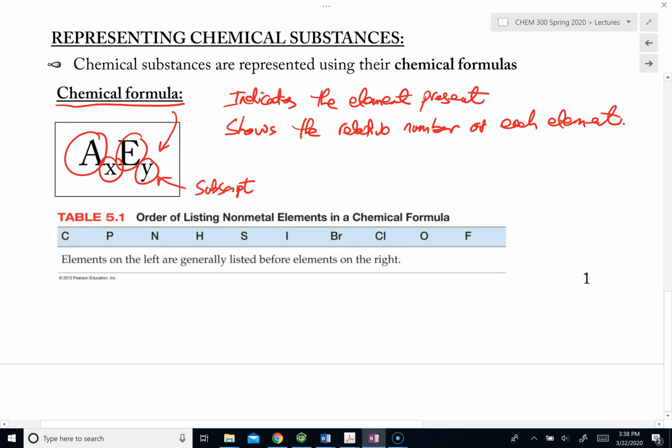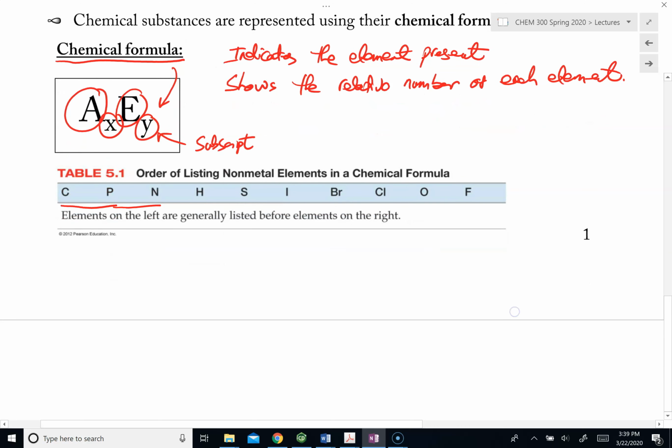When we have different types of elements that make up a chemical formula, we normally list them in a particular order. Carbon is listed before phosphorus, phosphorus before nitrogen, and so on. So we basically list them following somewhat the order of the periodic table.